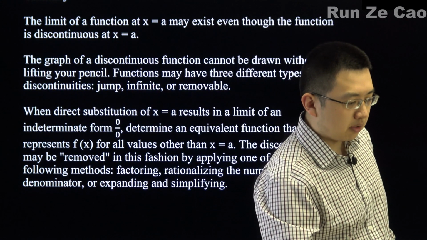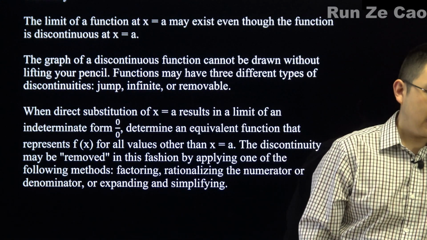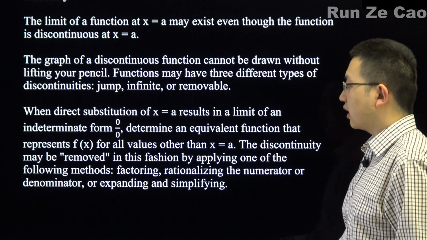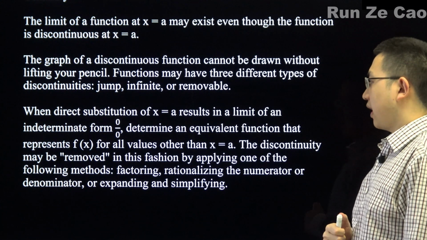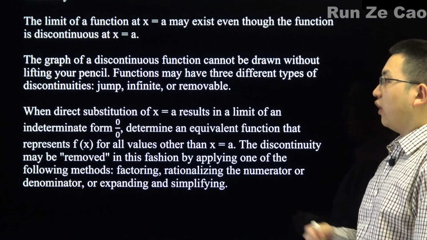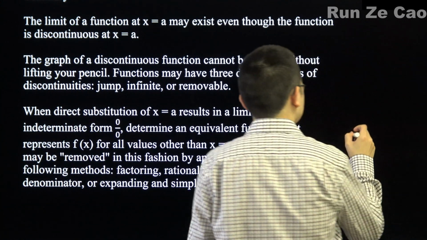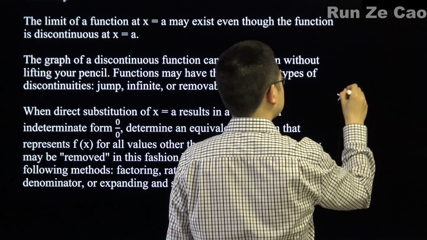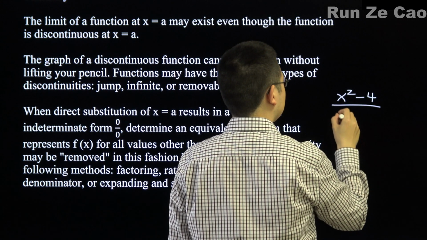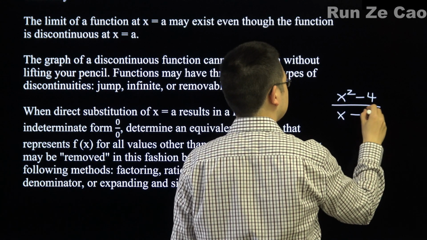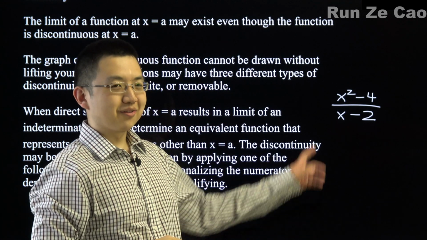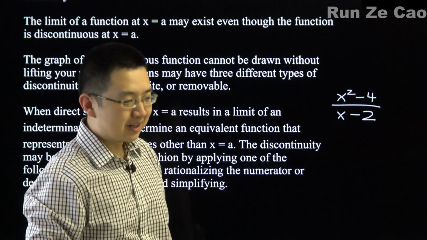When we directly substitute and get an indeterminate form, we need to determine an equivalent function that represents f of x for all values other than x equals a. For example, the good old difference of squares, except this time we're going to use this instead of -1 and -1.